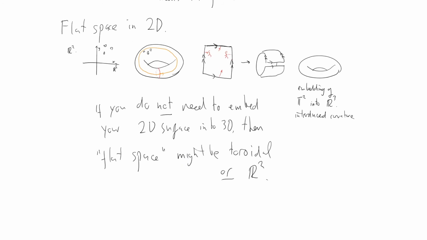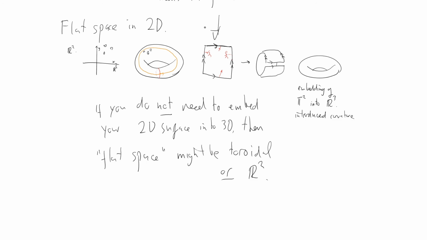And I think that's quite a powerful statement. From the observation of flat space, if I then say you don't have to embed it in a higher dimensional space, you can use this trick here, you cannot tell from local flatness whether your global topology is that of a torus or that of the plane.